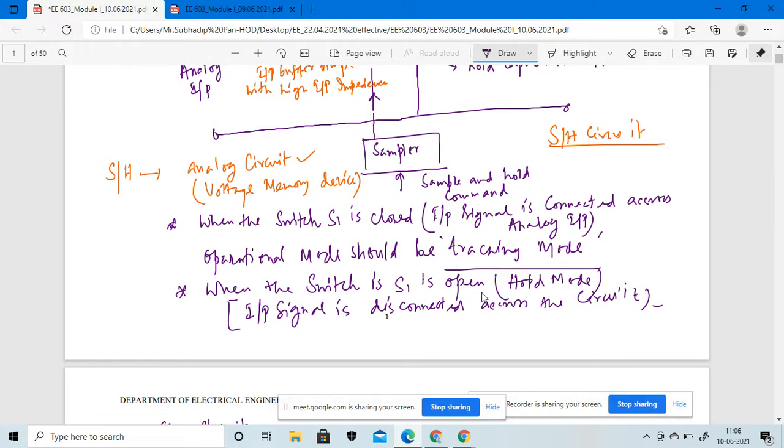When the switch is closed, the operational mode is the tracking mode, and when the switch is open, the operational mode is the hold mode.